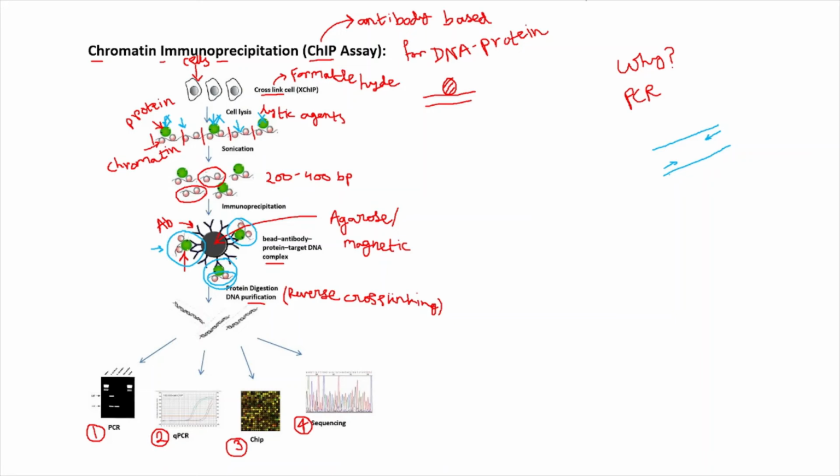So this ChIP assay has more or less 5 basic steps associated with it. The first step is performing cross-linking.